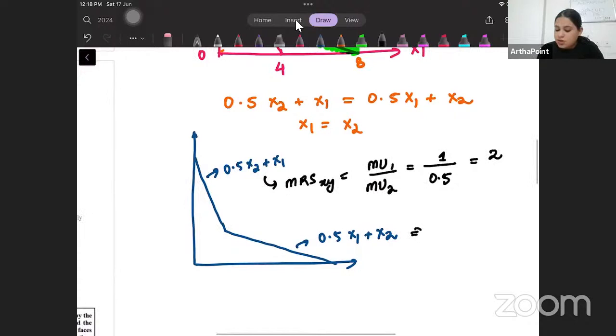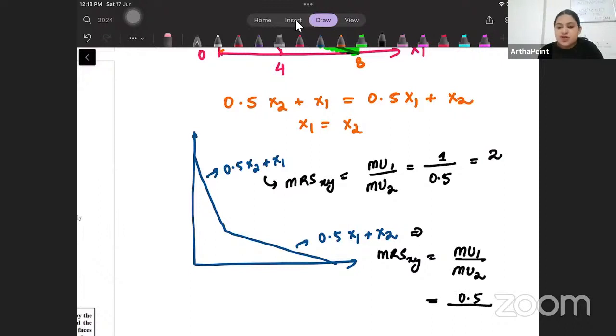Here, dekho, the MRS is going to be MU1 by MU2. When you differentiate with respect to x1, 0.5. With respect to x2, 1. So you will get 0.5. So this has a slope of 2 and this has a slope of half.